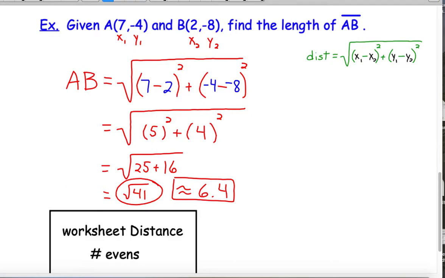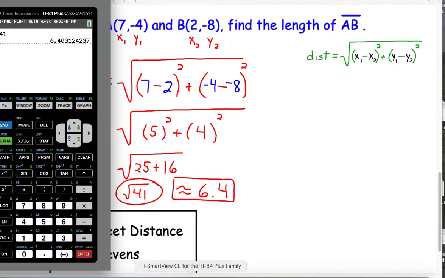Now, one more thing before we go away from this. I mentioned you could have just punched in the exact problem as is. So I could have punched in 7 minus 2, close parenthesis, squared, plus another parenthesis, -4 minus a -8, close parenthesis, squared.